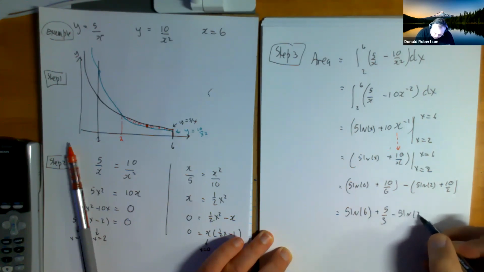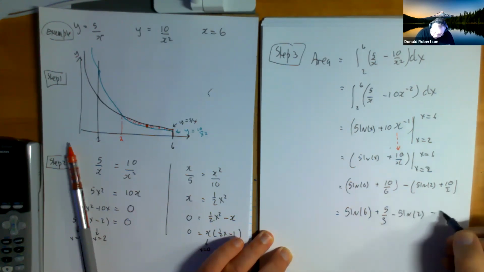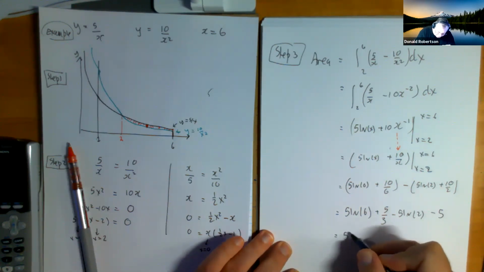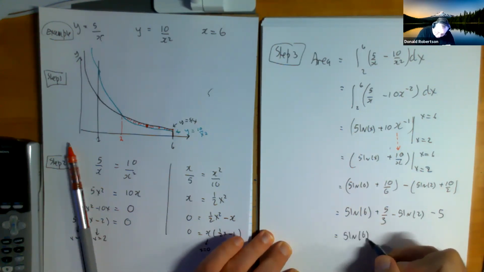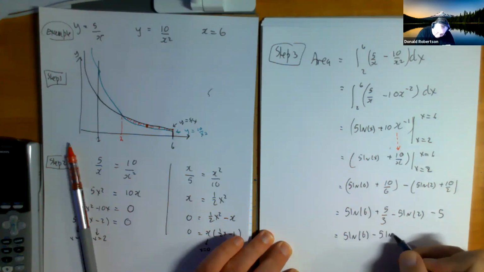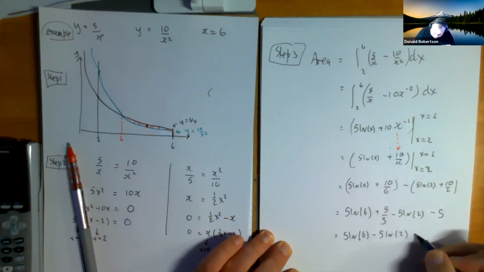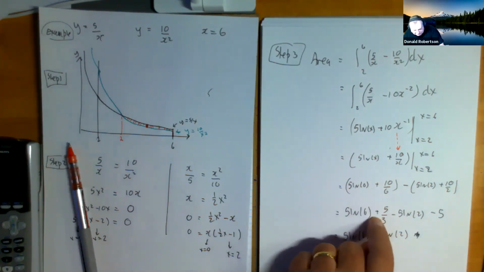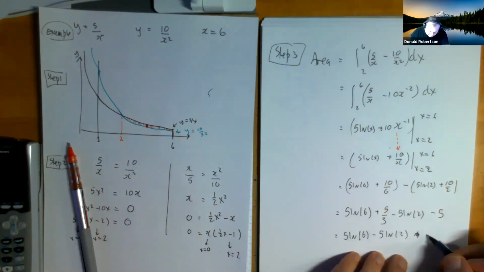Take away 5 log 2s, and that's take away 5. Now we have some different style points. Oops, not a plus. 5/3 take away 5. 5/3 take away 15/3 leaves you with negative 10/3.